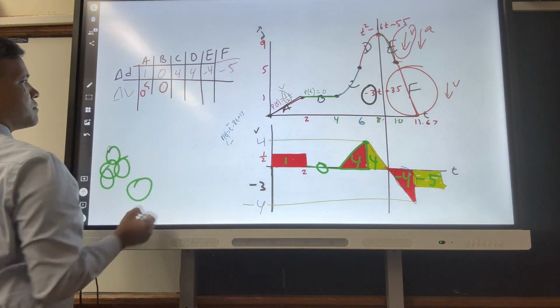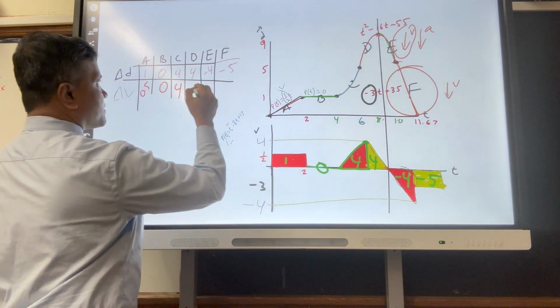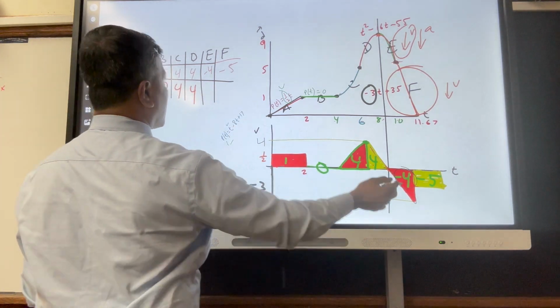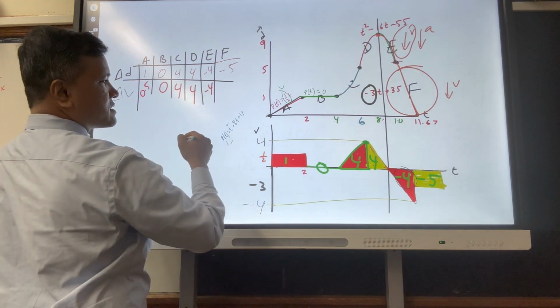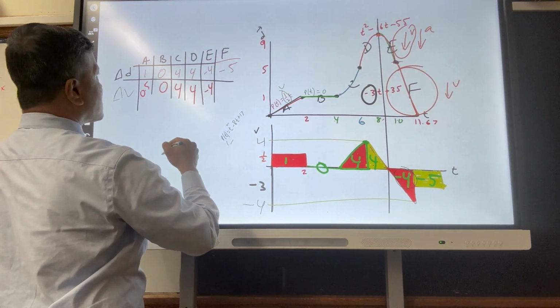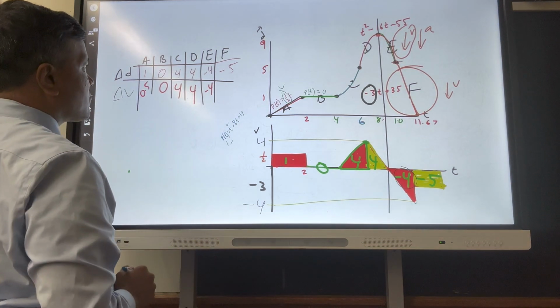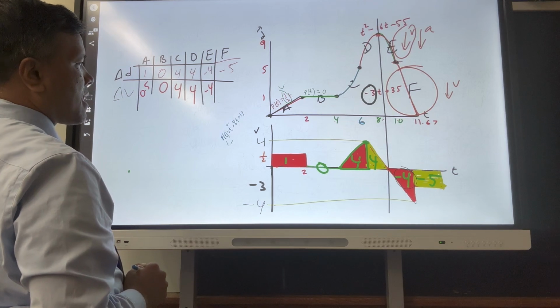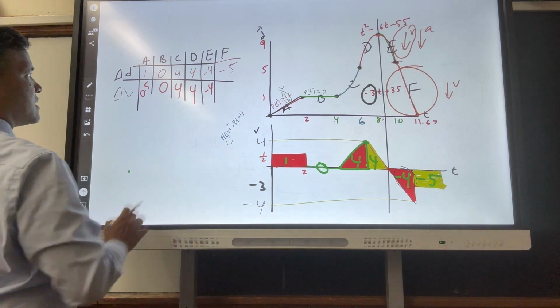Velocity here is 0. Velocity here is 4. Velocity here is 4. Velocity here is -4. No, that's not the velocity.